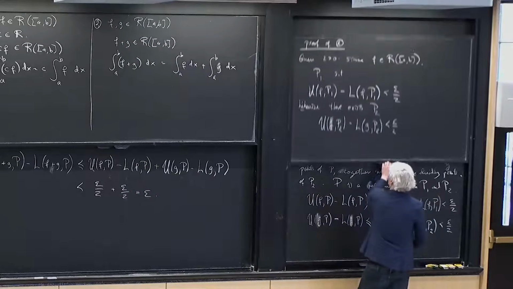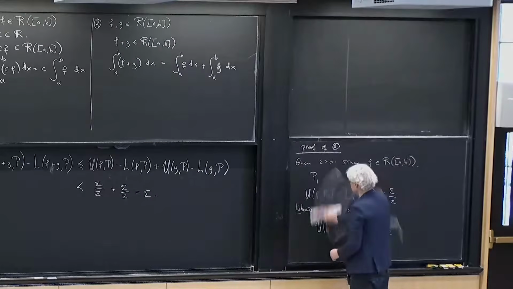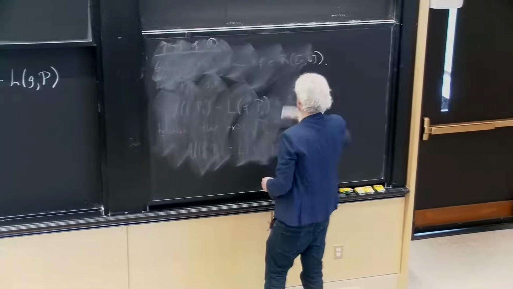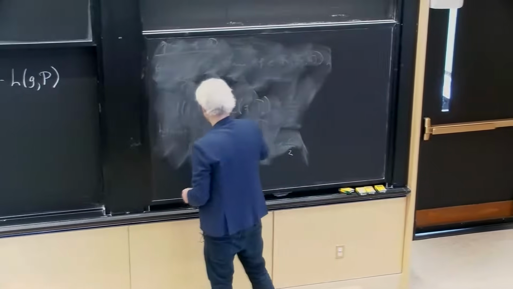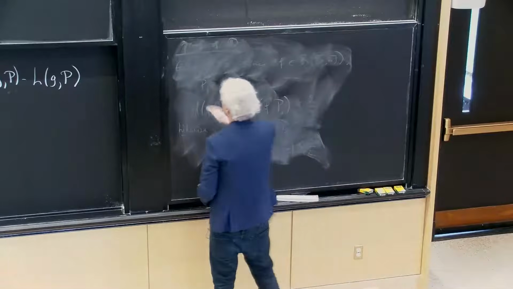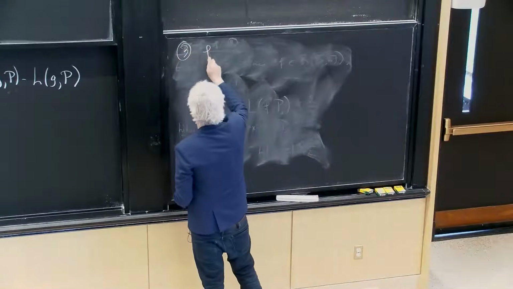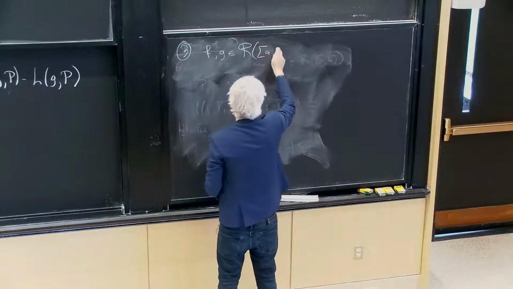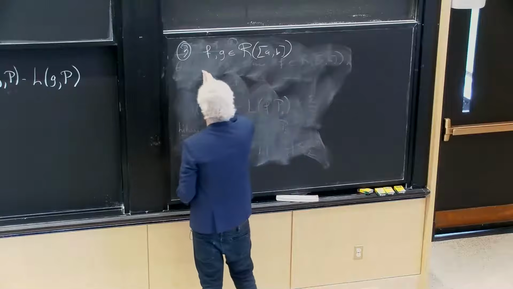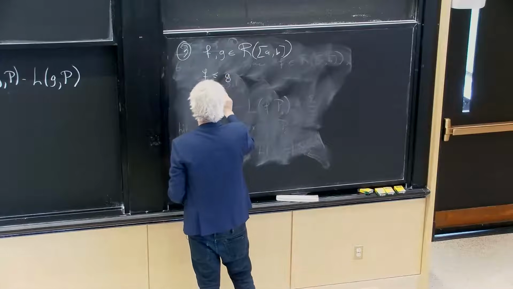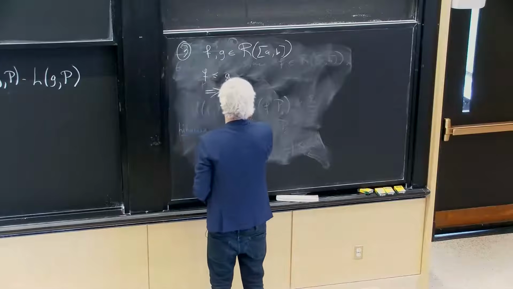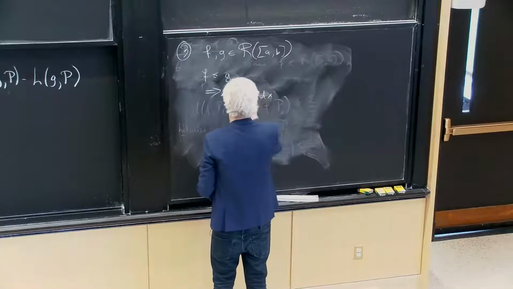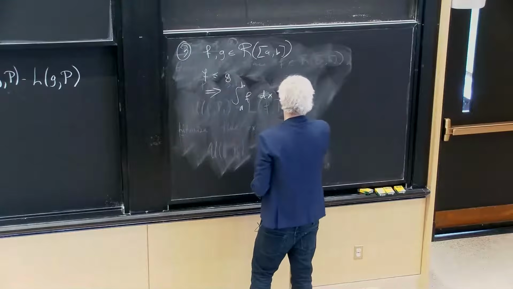So one of the other ones is that if you take two functions, f and g again, so number 3 here was that if you have f and g, they are both integrable on this interval here, and f is less than or equal to g, then it implies that the integral of f is less than or equal to the integral of g.